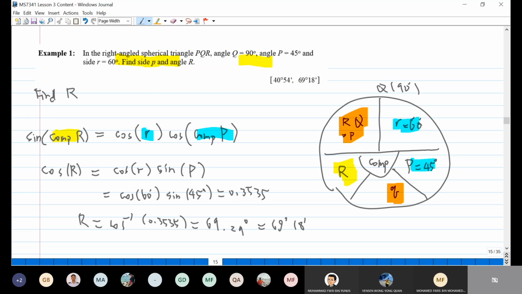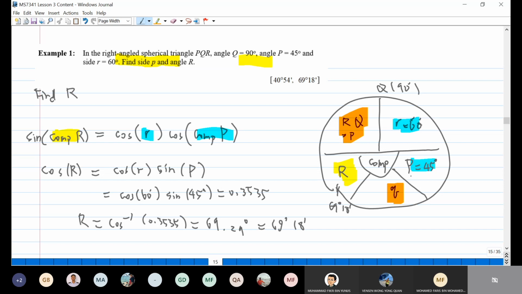This is how you find R first. So I find out R is actually 69 degrees, 18 minutes. All right, so this is how I find R here.